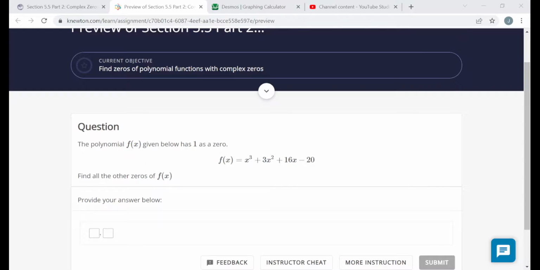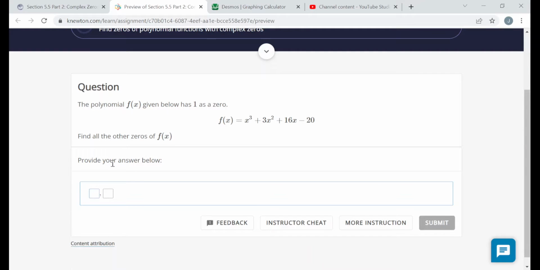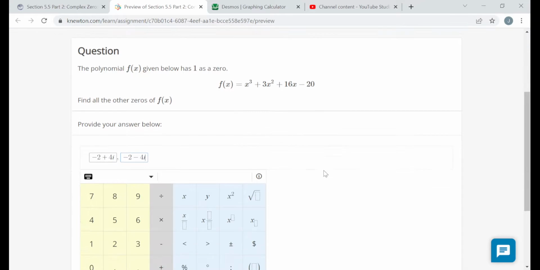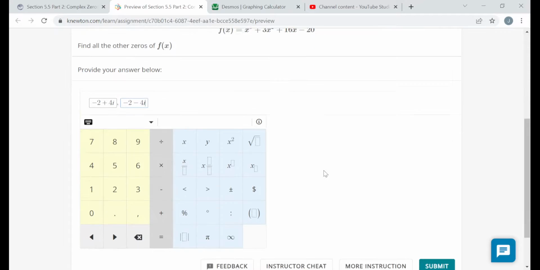So the other zeros that they're asking for are negative 2 plus 4i and negative 2 minus 4i. Oops, I capitalized i. All right. That's it. That's all they want.